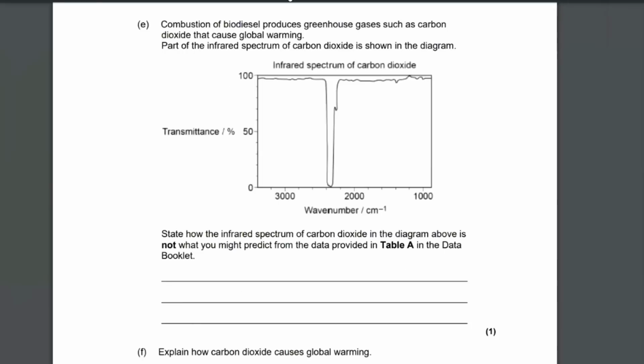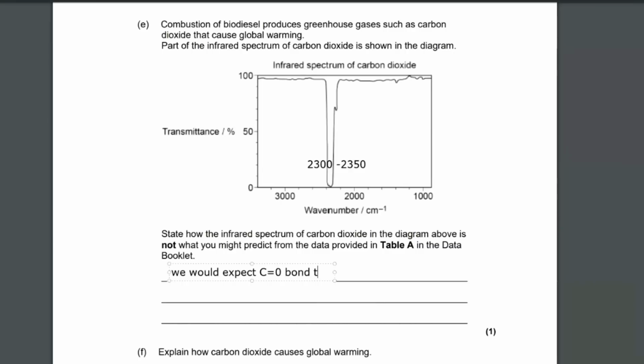Okay, part E. Combustion produces greenhouse gases such as carbon dioxide that cause global warming. Part of the infrared spectrum of carbon dioxide is shown in the diagram. State how the infrared spectrum of carbon dioxide in the diagram is not what we would expect from the data provided in Table A of the data booklet. Well, if you look in Table A of the data booklet, we would expect carbon dioxide to be around 1,680 to 1,750.